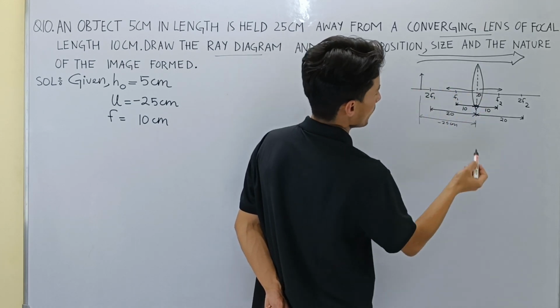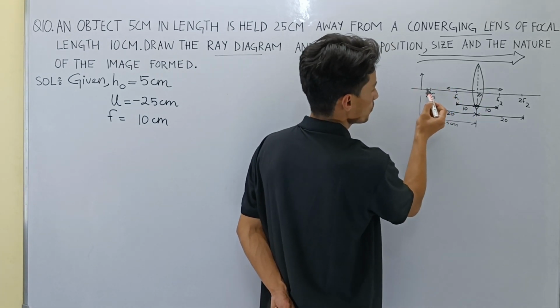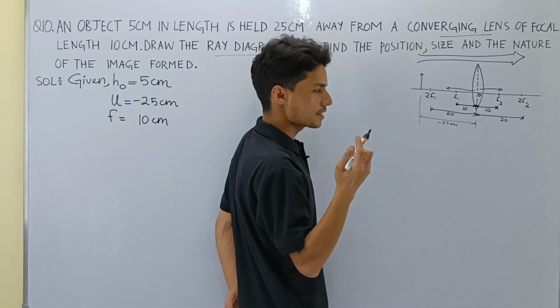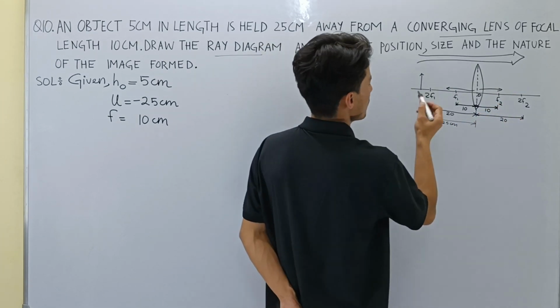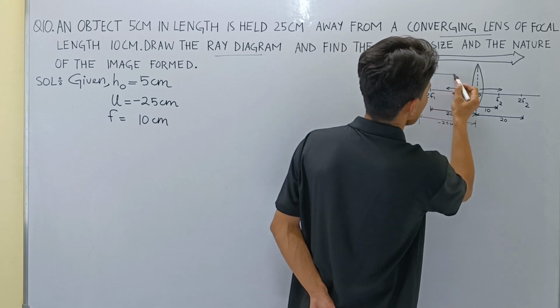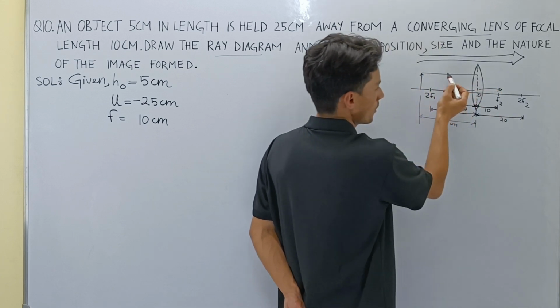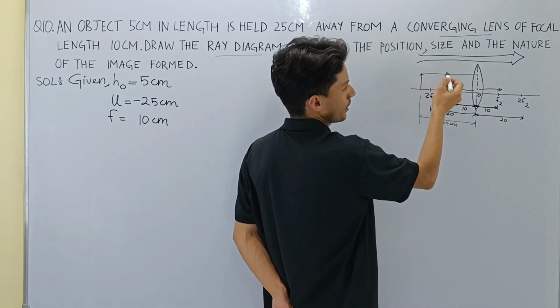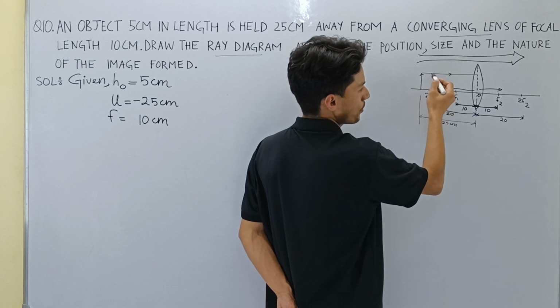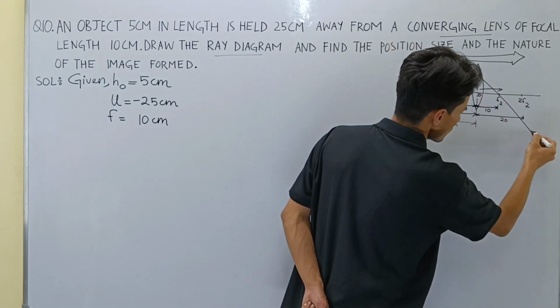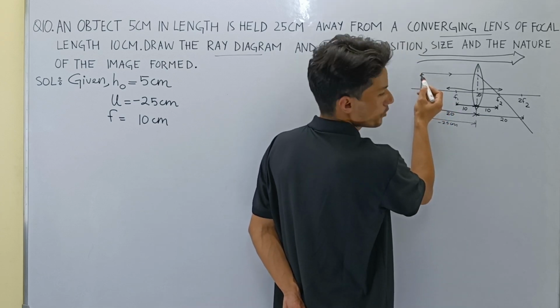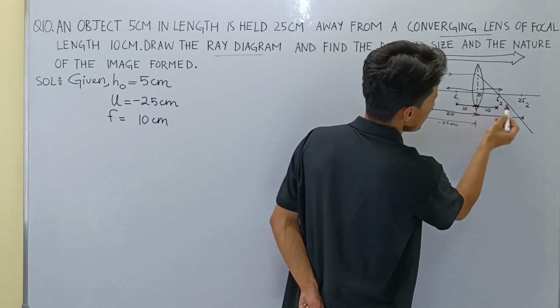So the object is here beyond 2f1. So you can complete the ray diagram. If the object is kept beyond 2f1, if you remember the cases, then the image will be formed between f2 and 2f2. Following rule 1, the incident ray traveling parallel to the principal axis passes through focus. So let it pass through focus. The other one, we will use rule 3, which passes through the optical center.